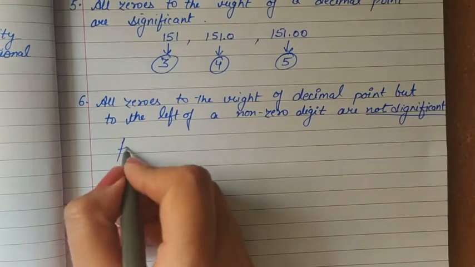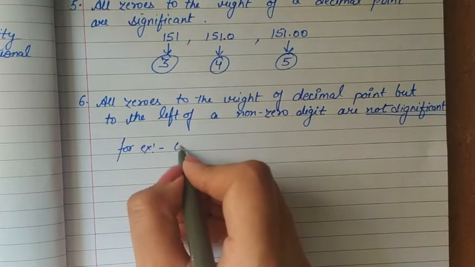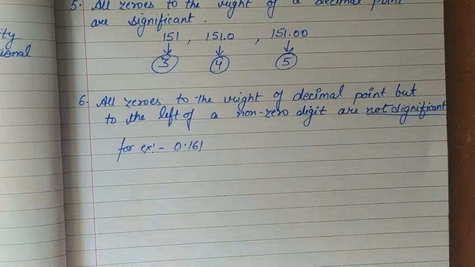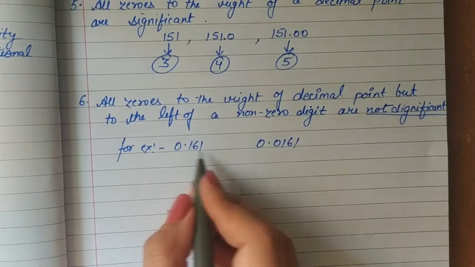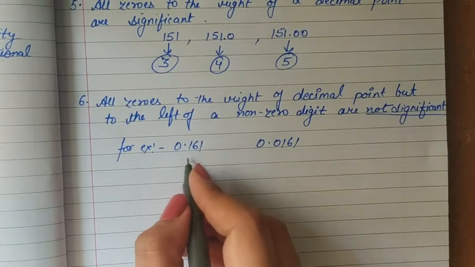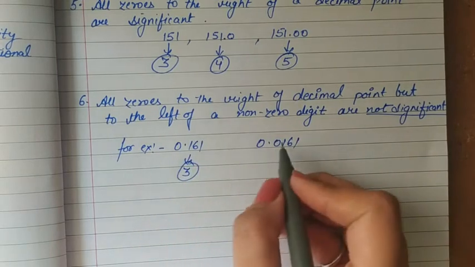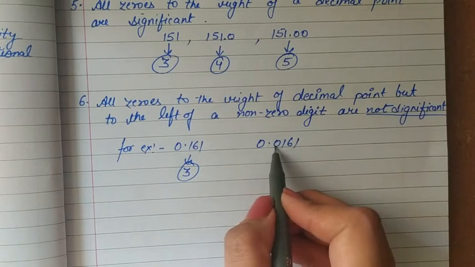For example, if we have a number like 0.161 and one more number 0.0161, 0.161 is very clear, it has 3 significant digits, while in 0.0161, here there is a 0 after the decimal, right?